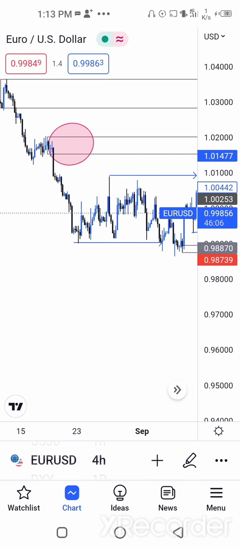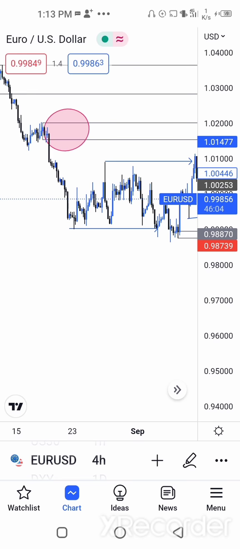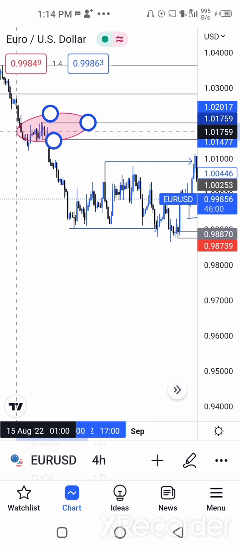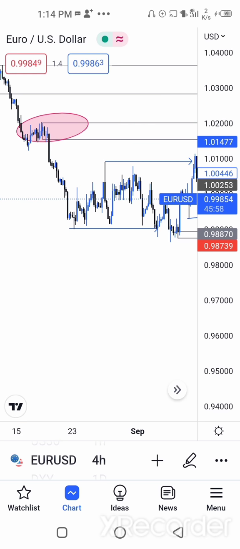Based on structural move, that was what made me mark up that place as a supply zone. I can call it a POI, that is a point of interest, or an AOI, that is an area of interest. So at that point, being my area of interest, what do I look out for? I look out for a confirmation, what to tag along when price gets to that place.